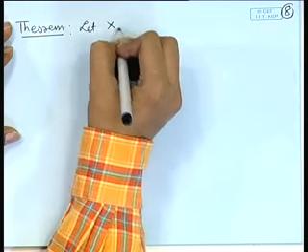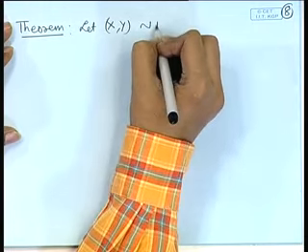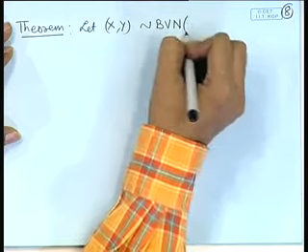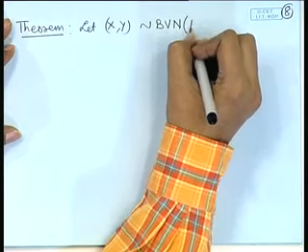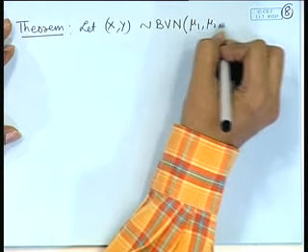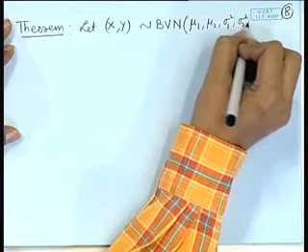Let (x, y) follow a bivariate normal distribution with parameters mu 1, mu 2, sigma 1 square, sigma 2 square and rho.